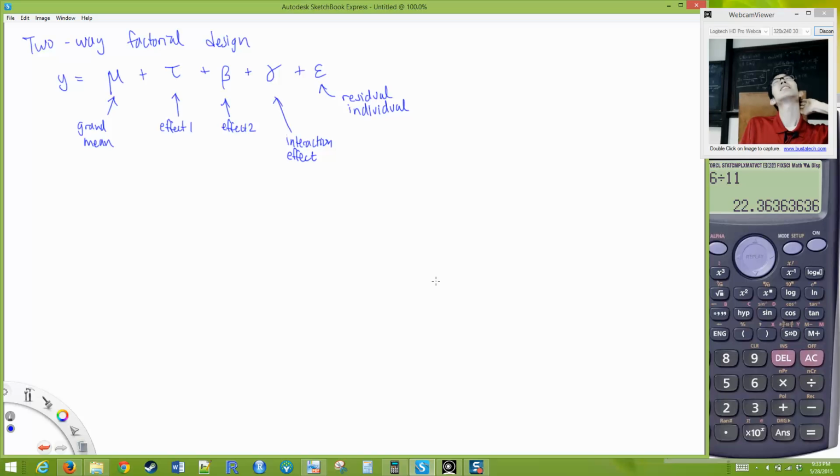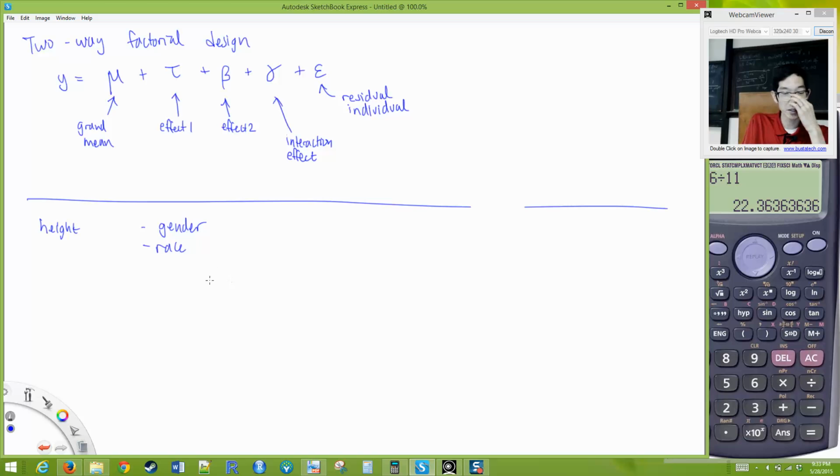This is probably not the best example, but let's say we have height, and we have effects due to gender, and we have effects due to race. Gender will be male, female, and then race. Globally, Asians are generally shorter than non-Asians.